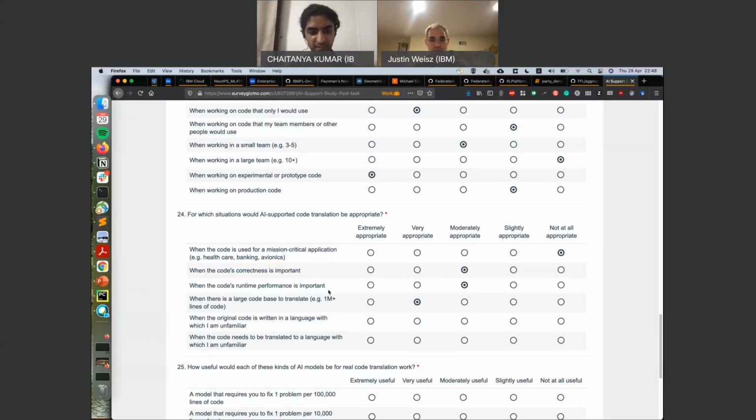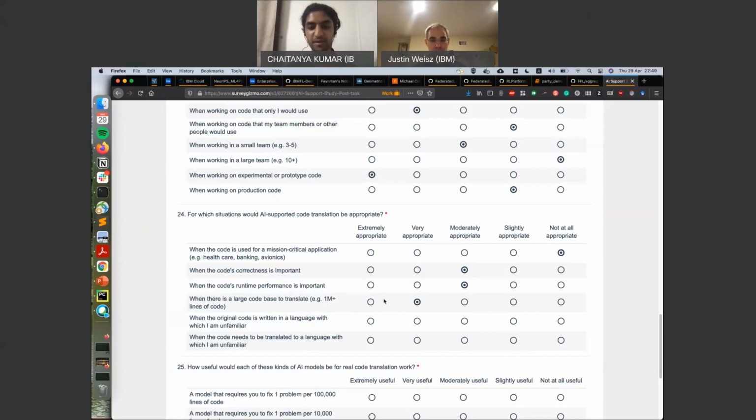The third one, when the runtime performance is important, I place it roughly the same because if runtime performance is important, correctness is assumed to be important. When there is a large code base to translate, yes, it would be. So because at least by now, there's no criticality associated with the code or not specified, that's the model I'm working with in these three.